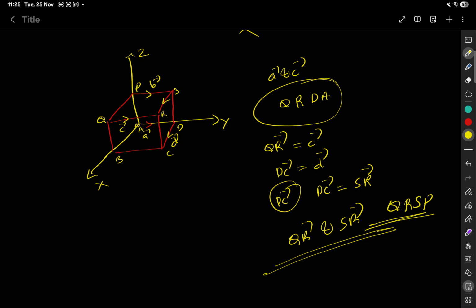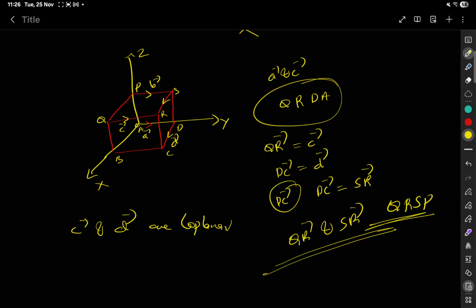So understand this, QR and DC, are they coplanar? If I use localized vectors, the answer is no. But we are not going to use localized vectors. We are dealing with only free vectors. So QR vector and DC vector are coplanar. Why? Because I can move this DC vector. Not just C and D, any two vectors which we are dealing with are coplanar vectors.